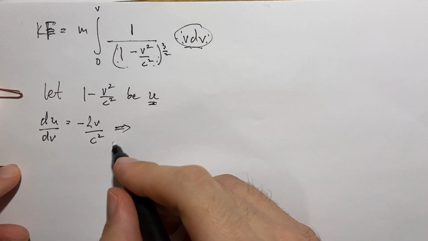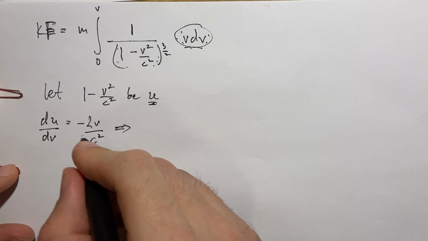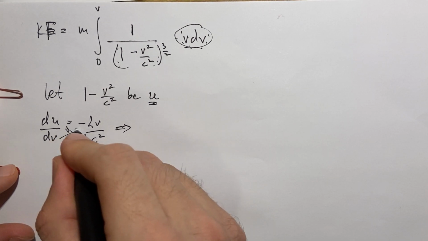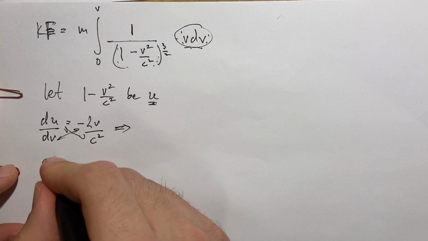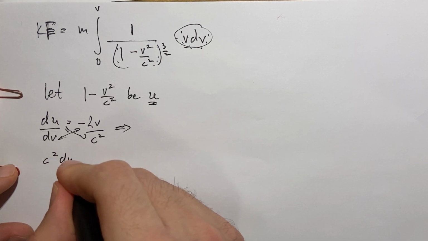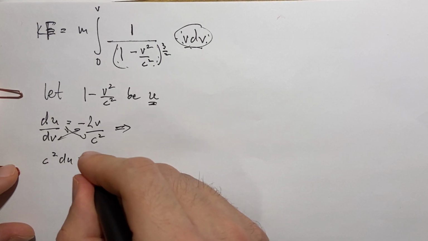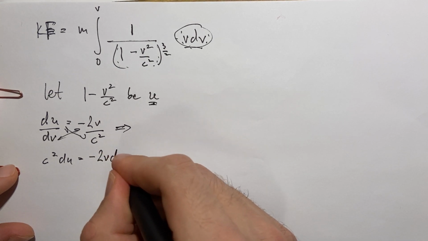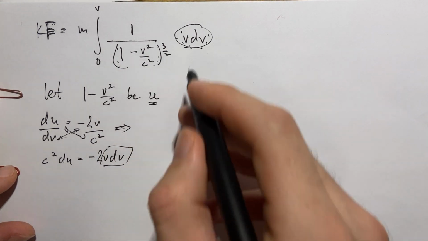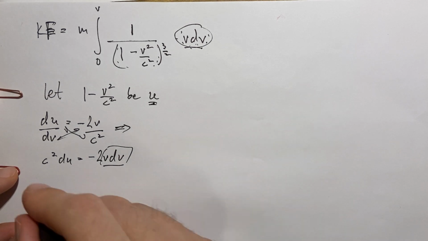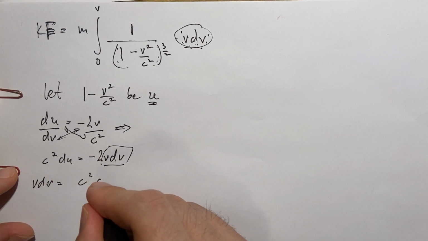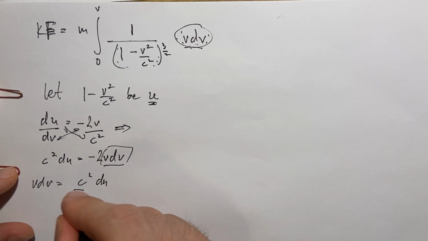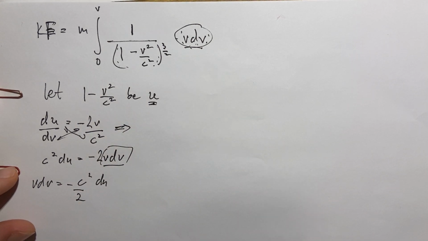If we do some cross multiplication here, this will give us c squared du equals minus 2v dv. We have v dv here. That's just great. That's what we want. So v dv equals minus c squared du divided by 2.